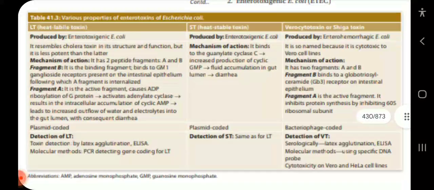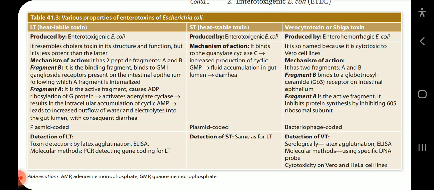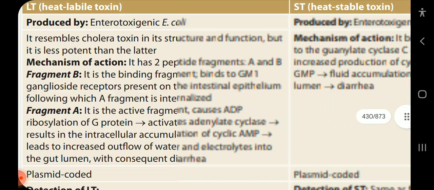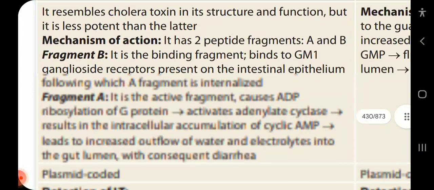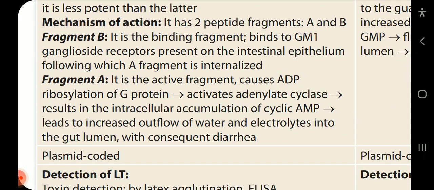Now, let us see the various properties of enterotoxins of E. coli. LT, heat labile toxin, is produced by enterotoxigenic E. coli. It resembles cholera toxin in its structure and function, but is less potent than the latter. Mechanism of action: it has two peptide fragments, A and B. Fragment B is the binding fragment, binds to GM1 ganglioside receptors present on the intestinal epithelium, following which the A fragment is internalized.